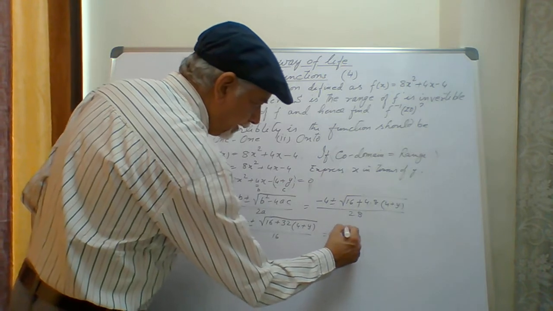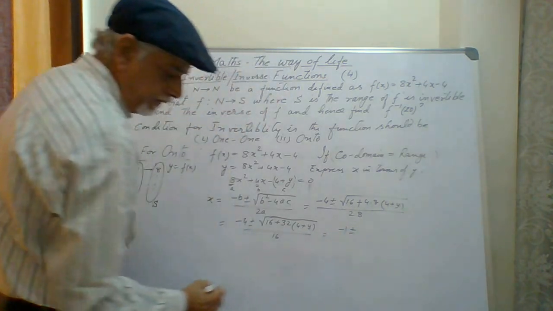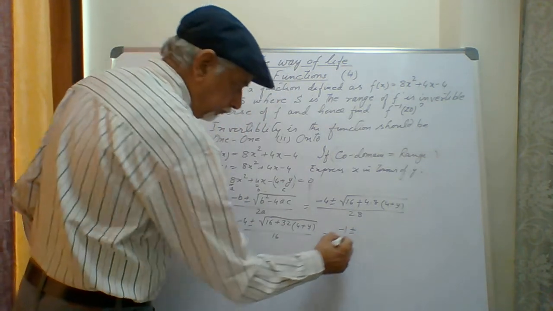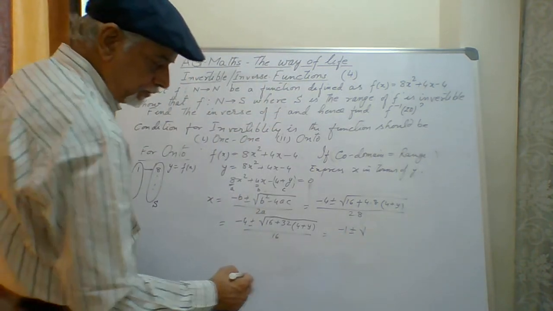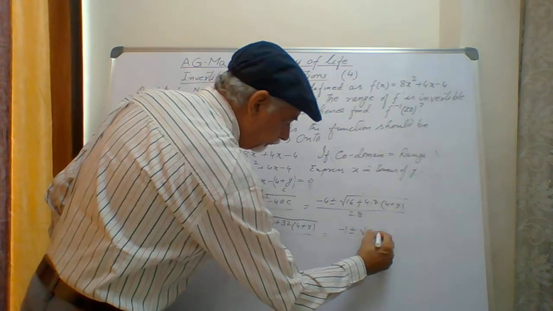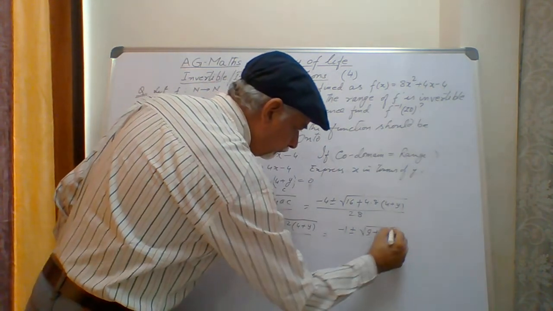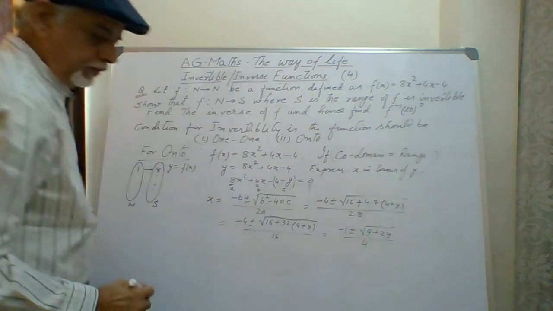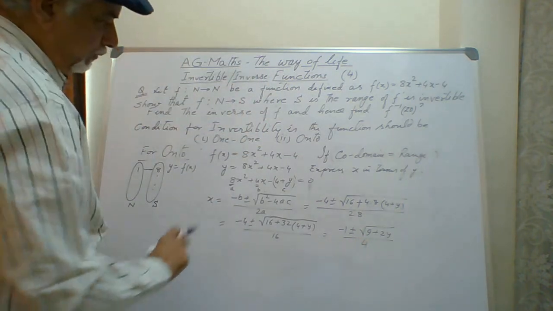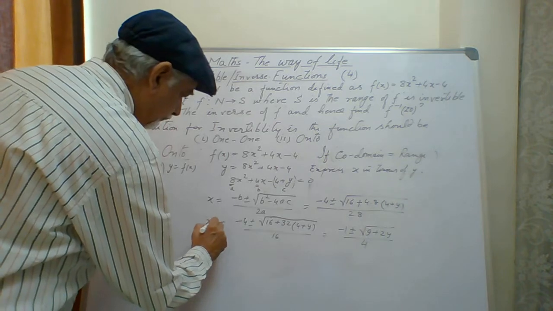So it will become minus 1 plus minus under root 9 plus 2y over 4. So that is the final expression of x.